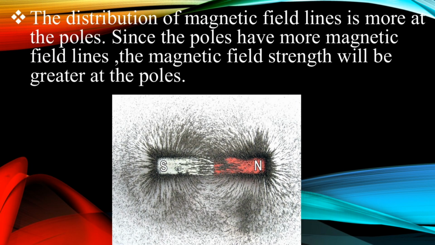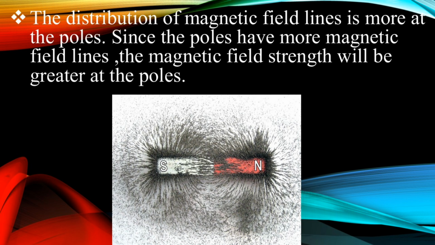Next, you can see a figure in this slide, and there is a writing that the distribution of magnetic field lines is more at the poles. Since the poles have more magnetic field lines, the magnetic field strength will be greater at the poles. Another important point: the magnetic field is strongest at the poles. Why?